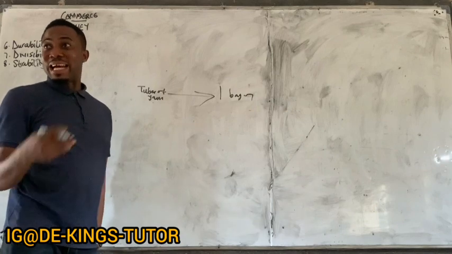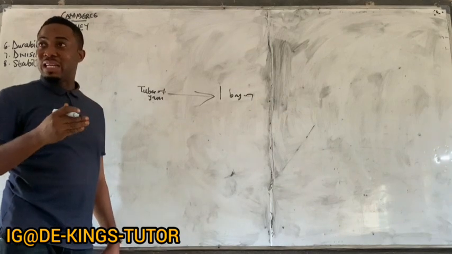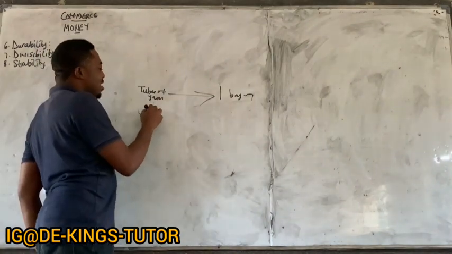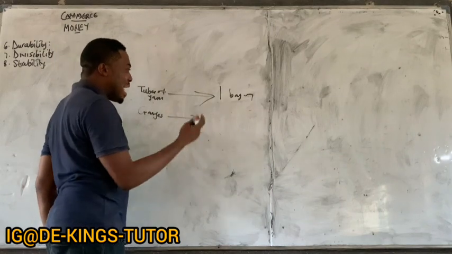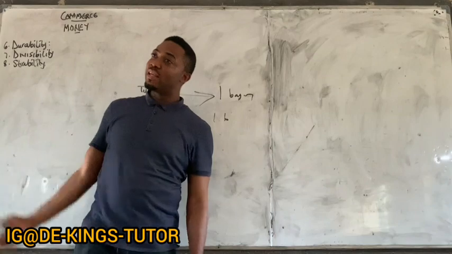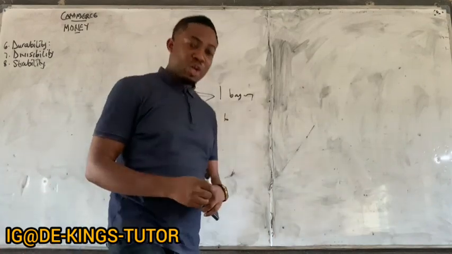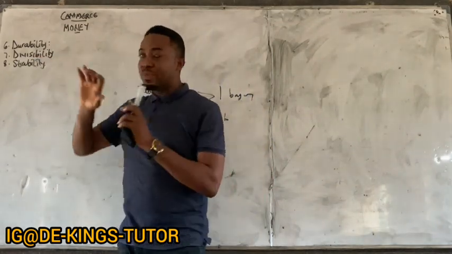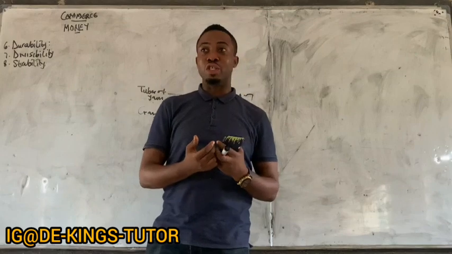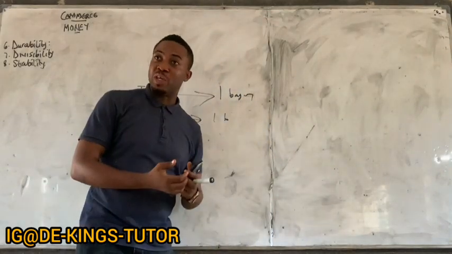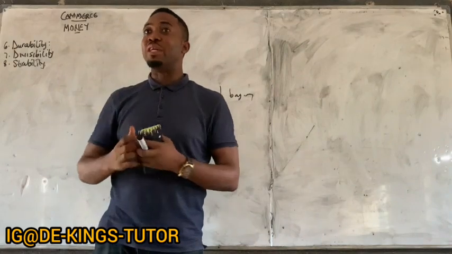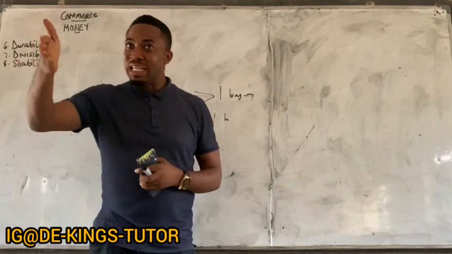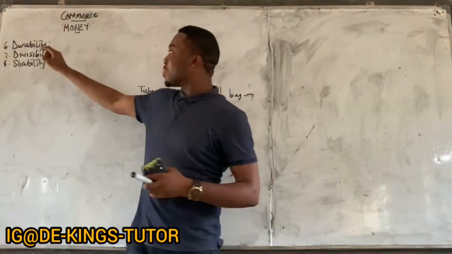So you see, it's an issue because it is not divided into a smaller unit. And also, how many oranges can exchange for one bag of beans? So you see, that's an issue. So money should be divided into smaller units to facilitate exchange. In case you have 500, you know what you can purchase with that 500. If you have 15 naira, you know what you can purchase. If you have 10 naira, you know what you can purchase relative to its value. So that is divisibility.